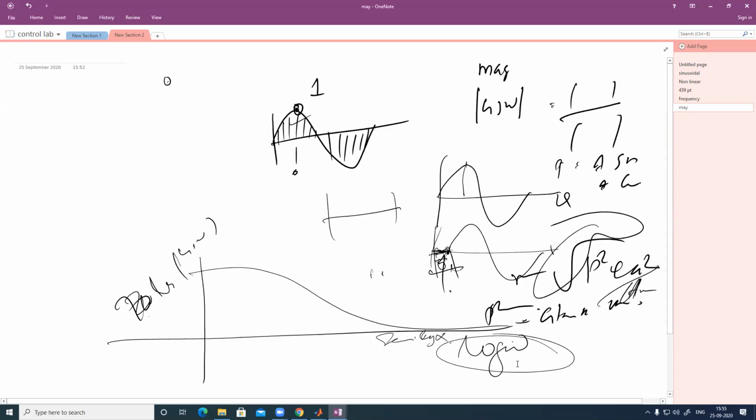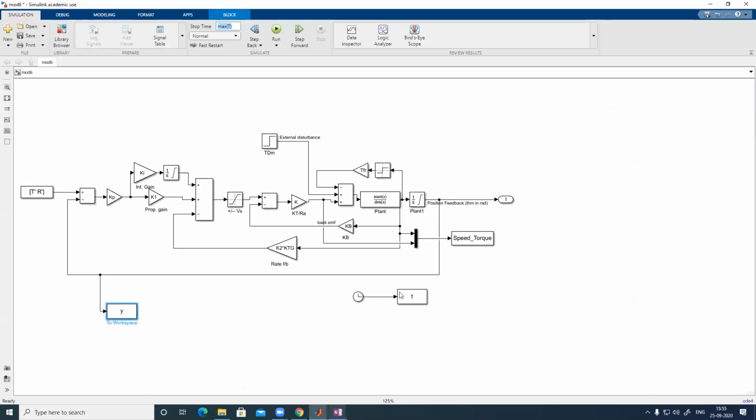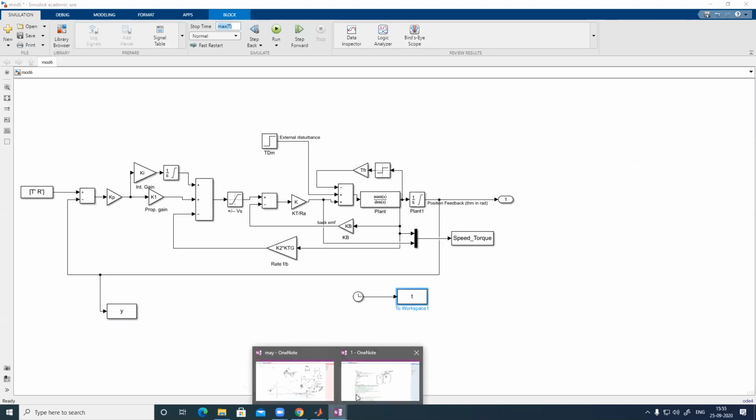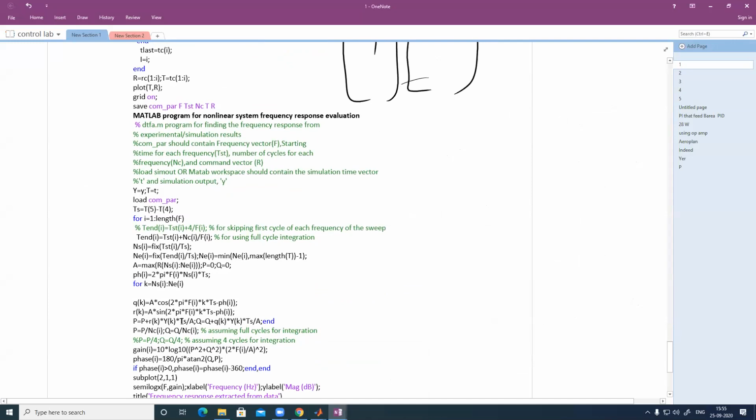So for that purpose you have to choose this y and t. Sir, that P and Q is cos and sin omega t of the fundamental harmonic. Yes, the fundamental harmonic, generated by the DTFA command. This y and t it is taking; this y is my y and this t is my t.